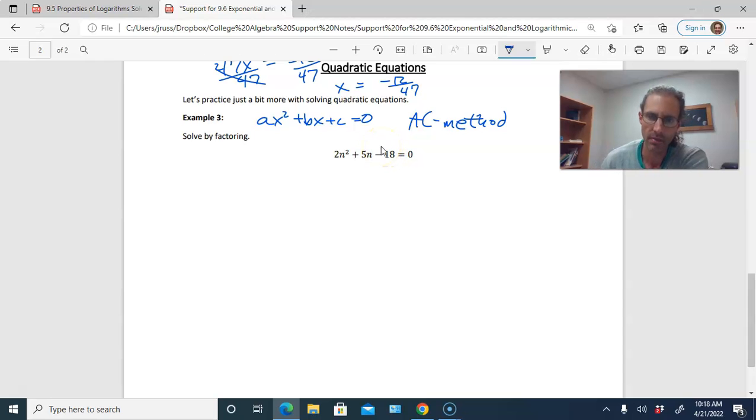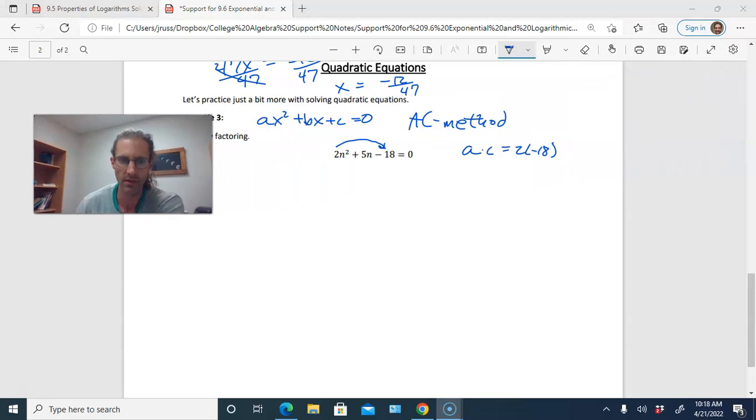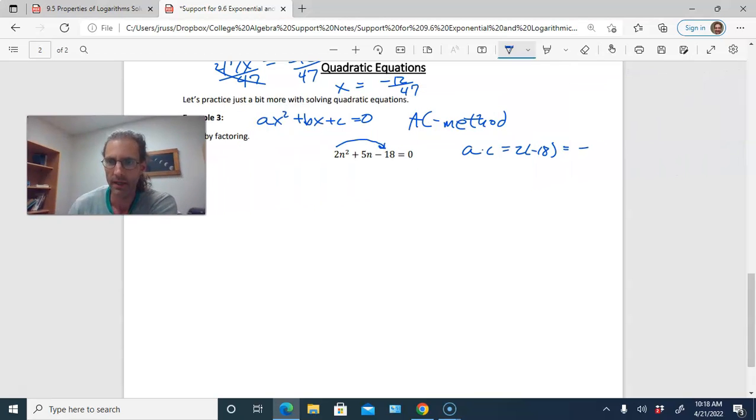So the AC method dictates that we multiply A and C. So 2 times negative 18, that is negative 36. And then we need to find factors of negative 36 that when summed together will give you 5. We can guess and check with your calculator, but I think it's going to be 9 and negative 4.